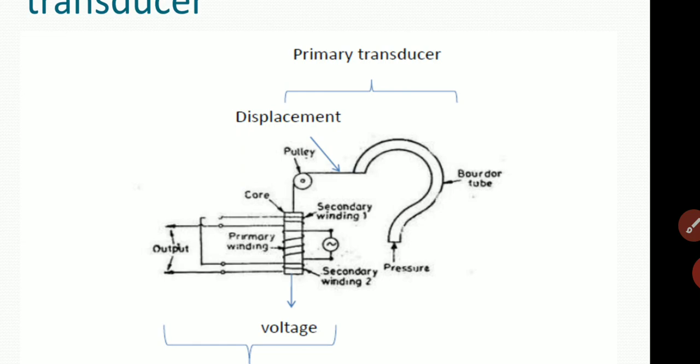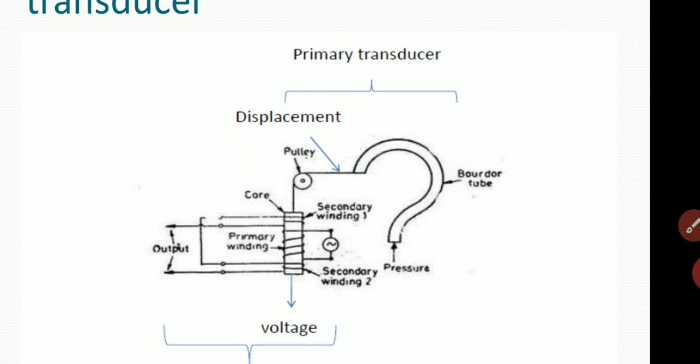Now this core is connected with the primary winding of the LVDT. Due to the movement of the core, there will be change in the flux, and this change in the flux will be obtained at the secondary winding. So there will be change in the voltage.